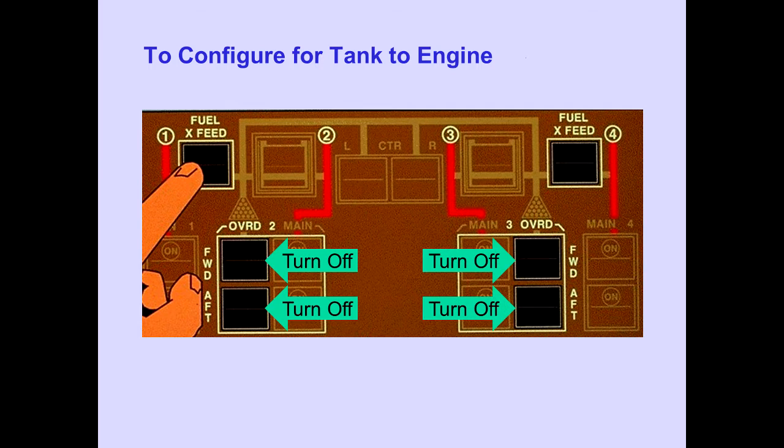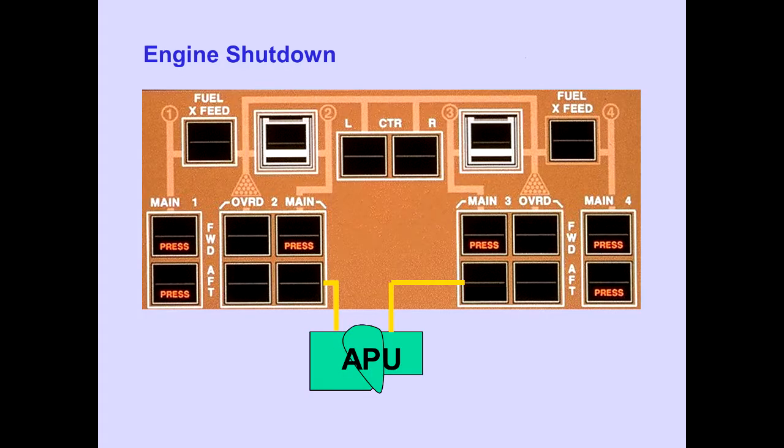Then, closing 1 and 4 crossfeed valves configures the fuel system for tank to engine operation and removes the ICASS message. After engine shutdown, all fuel pump switches are turned off.